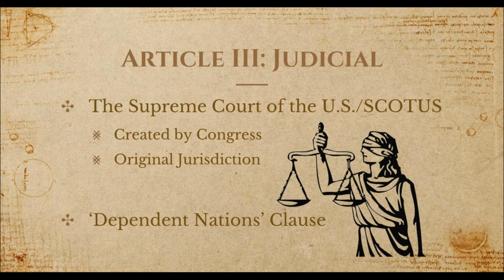And so it's clear because in the Commerce Clause, back in Article 1, it says Congress has the right to regulate commerce between the states, the Indian tribes, and foreign powers. So clearly, according to the Founding Fathers, Native Americans were neither American nor foreign. There's some kind of in between.